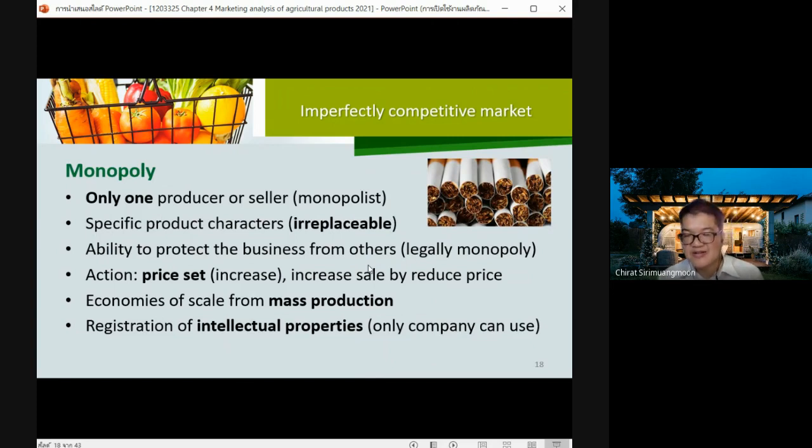This is the law, the document that explains you can be the only one on the market because you have intellectual property to protect you, and other people cannot have the same thing, or if they want to, they should ask you and pay you, like this.